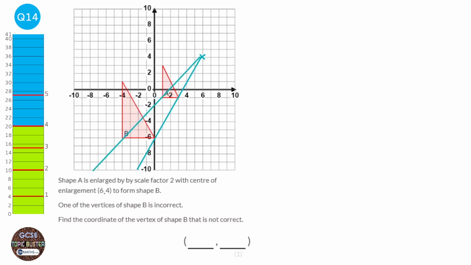Let's just keep going. Yeah, it does on this one, but it does not on this one. So it says find the coordinate of the vertex of shape B that is not correct. So the coordinate is this one here, and so that would be -4, 1.